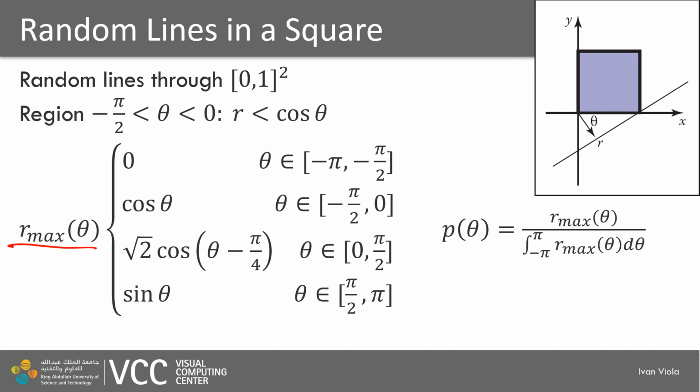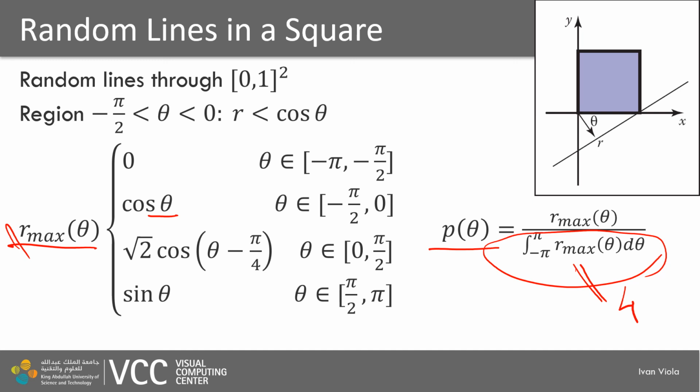And then we have the probabilities, if you like, given an entire range of angles within a quadrant, what could be the permissible range of R. And now we define a uniform probability distribution through normalizing this Rmax function with the integral of this Rmax function, which, and we will not go into the details, is equal to 4.